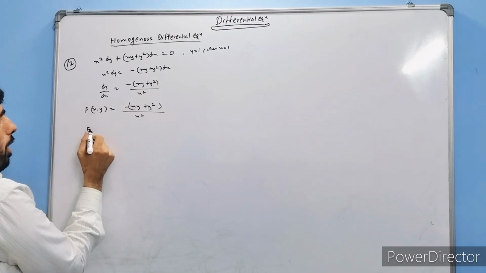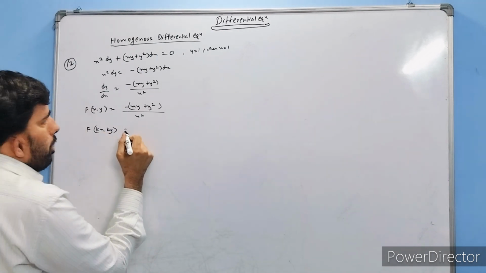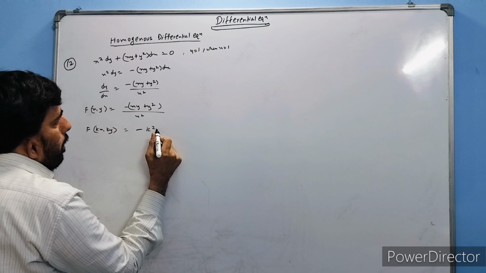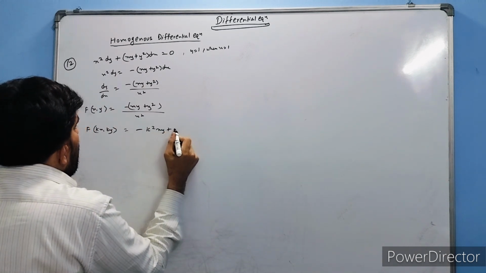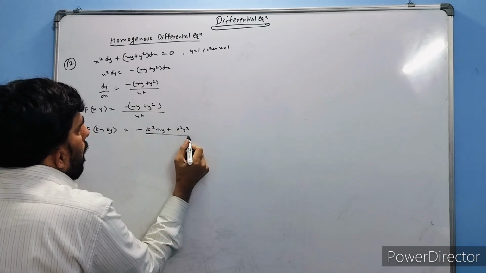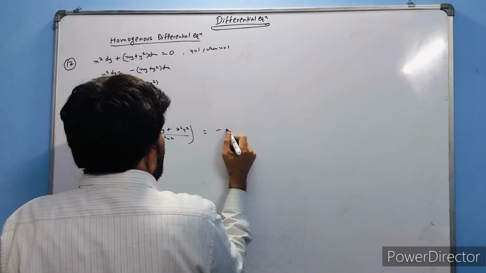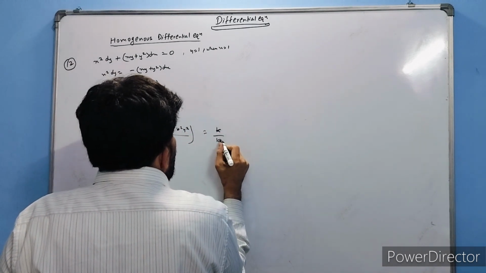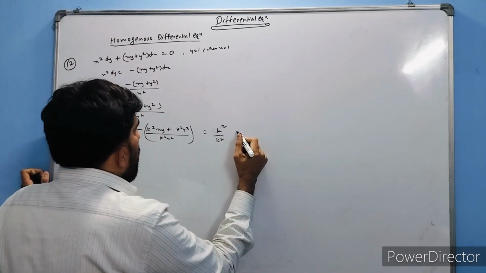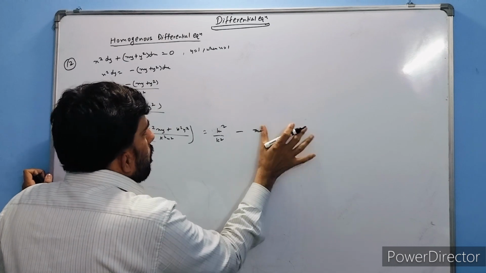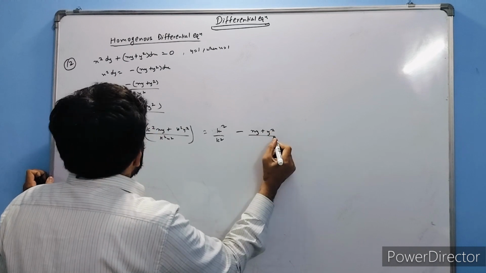So now we'll replace x and y by kx and ky, so we have minus k square xy plus k square y square upon k square x square. What we can do, we'll take k square common. So now what will I have? It will have minus xy plus y square upon x square.